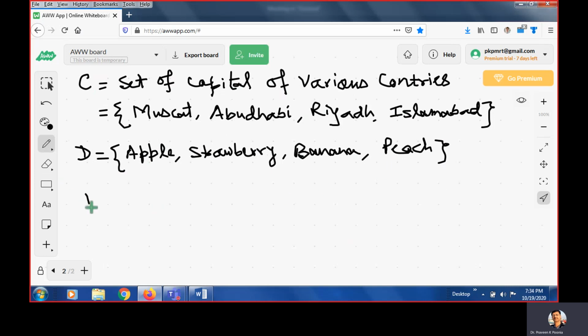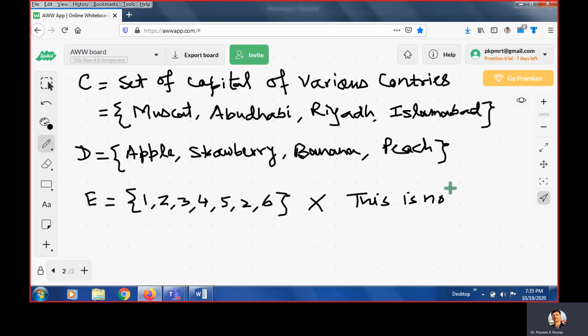For example, if I write the set of numbers from 1 to 6 as 1, 2, 3, 4, 5, 2, 6, my question to you is: is this a set? No, this is not a set. Why is this not a set?